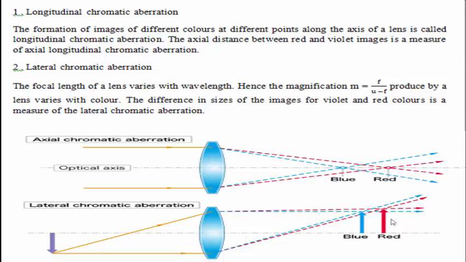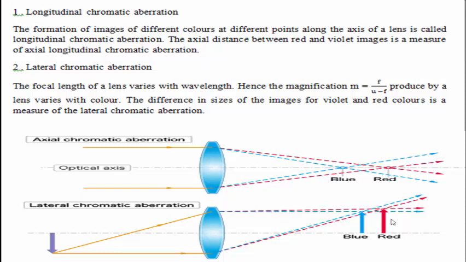The axial distance between red and blue images is a measure of axial longitudinal chromatic aberration. For this, you have to observe the axial chromatic aberration, that is figure 1.